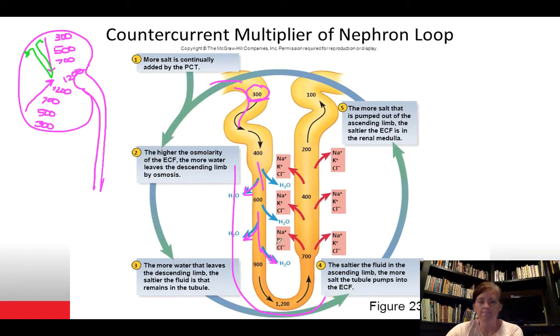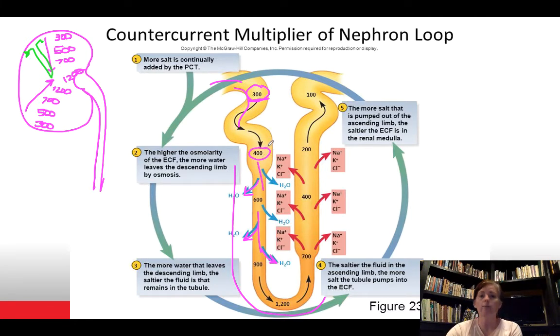As water leaves, it further concentrates the solutes that are left inside the tubule. So as the tubule travels down, water is leaving the whole time, concentrating the solutes left inside.